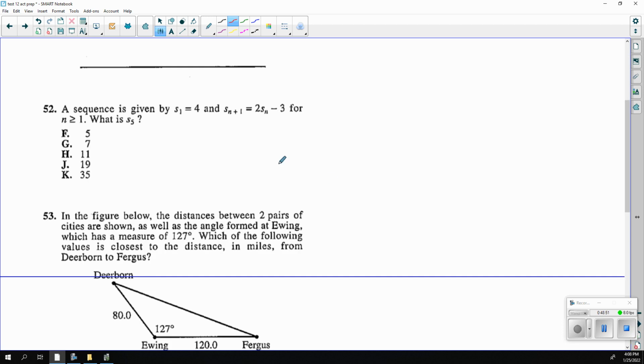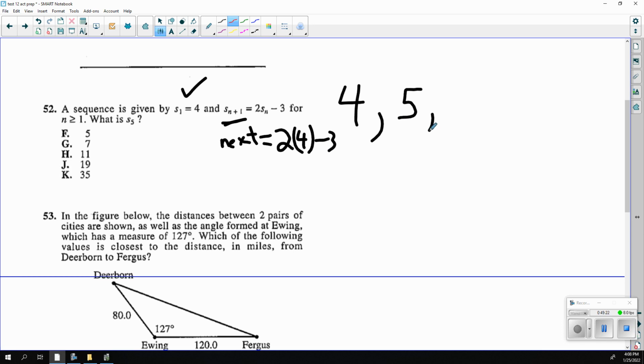They love this. This is called a recursive sequence, and they define a recursive sequence as the first term being 4. So the second term, that's the next, is equal to twice the previous one minus 3. So the second term is 8, 5.